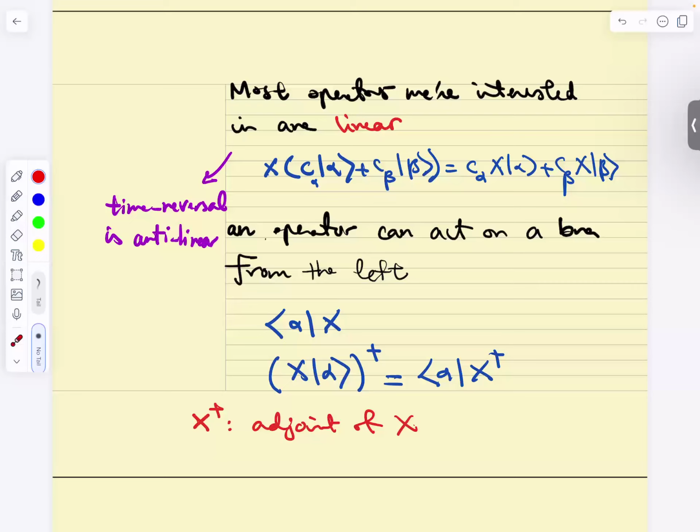All right. Most operators we're interested in are linear. What is a linear operator? These are operators that act on c alpha times |alpha> plus c beta times |beta>, and c alpha comes out, c beta comes out, right? This is the result. Such an operator is called linear. In this course, every explicit operator we talk about is going to be linear. Notice that the dagger that I introduced is not an operator.